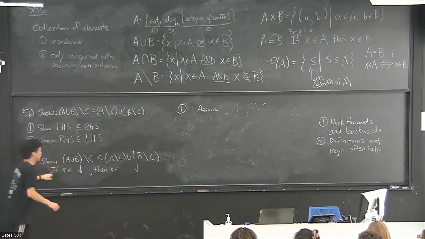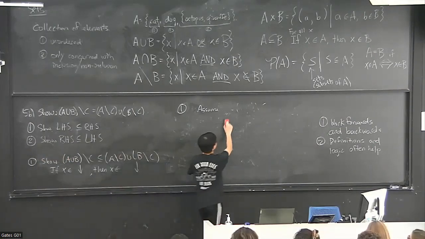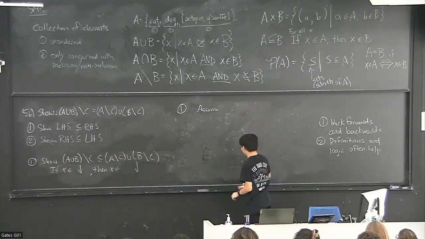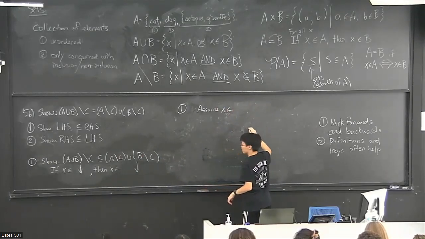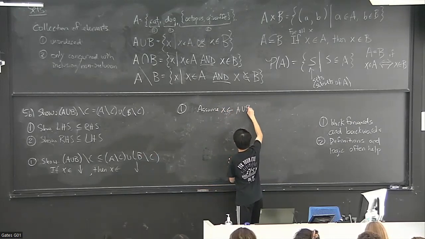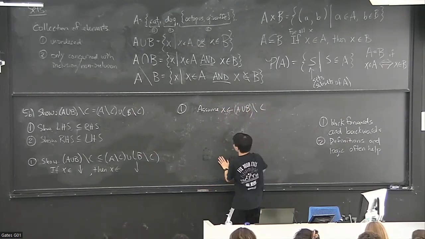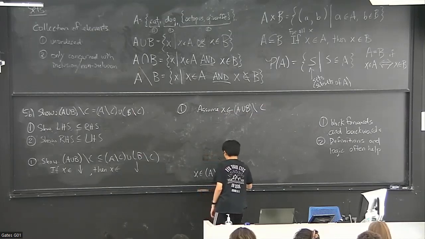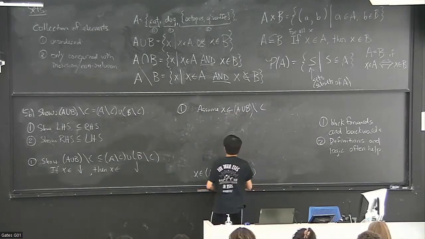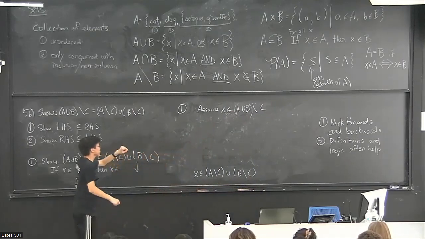And so, as before, I'm going to assume x is an element of the left-hand side, and I want to get to x is in the right-hand side. Just one technical detail.